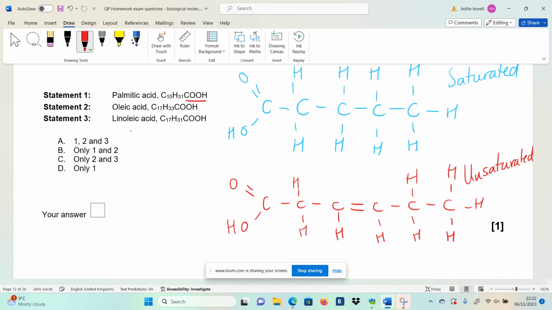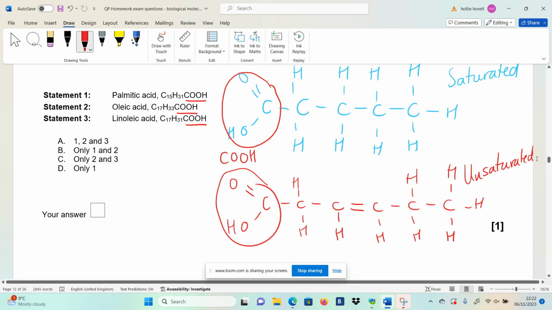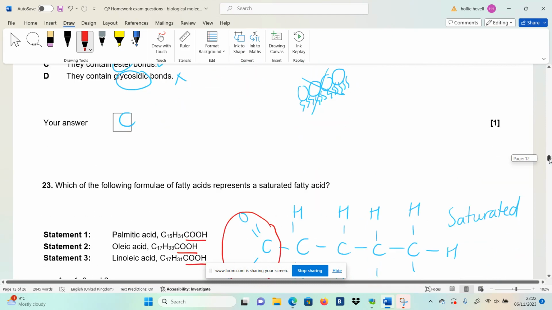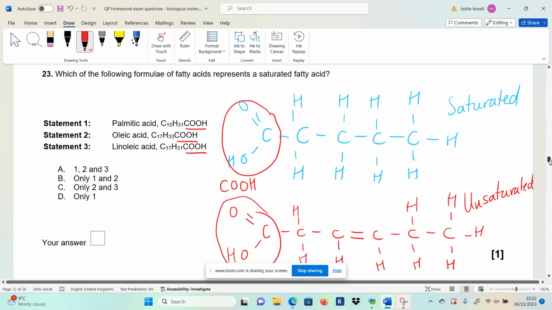So the COOH that you've got on the end of each of them is this COOH. That's your carboxylic acid, COOH. So that accounts for that part of all of the molecules. Now, was the question asking saturated or unsaturated? Let's double check. Saturated.